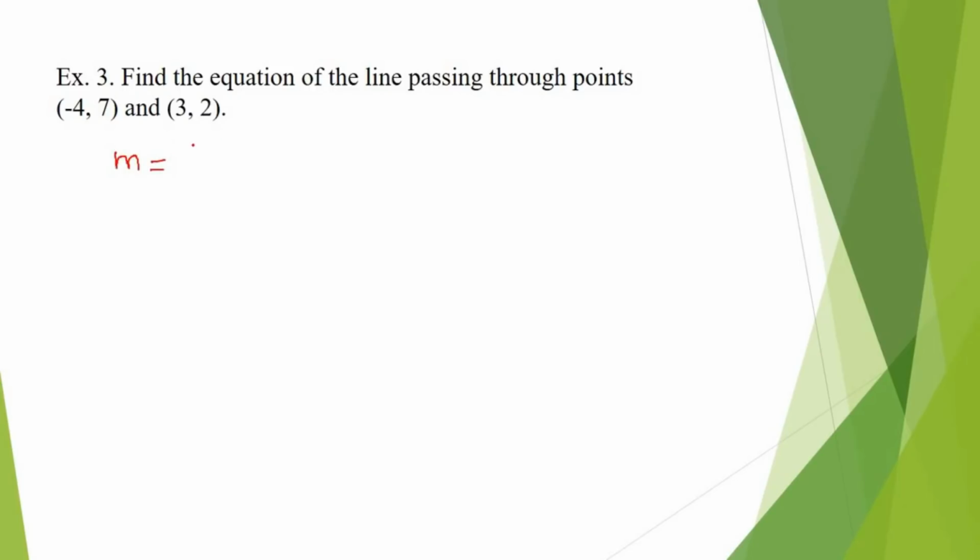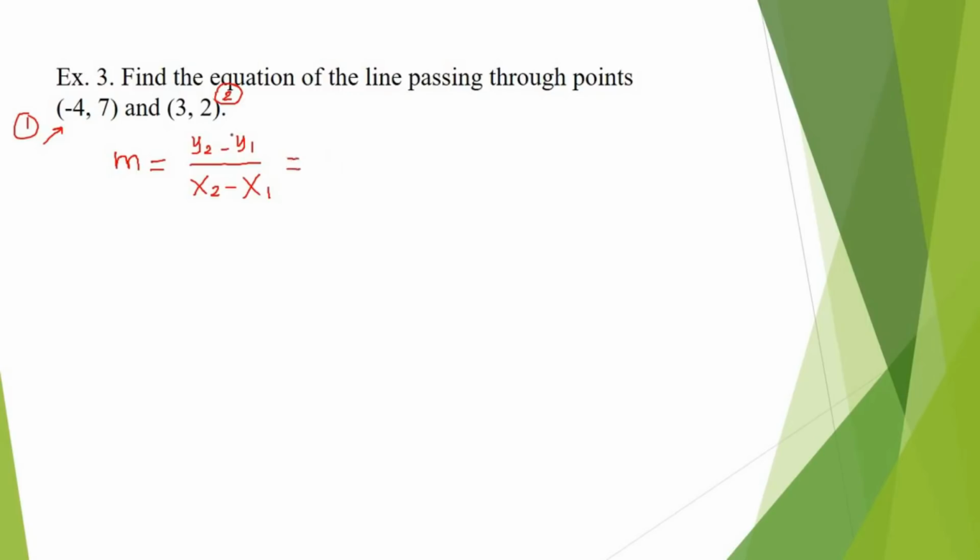Our slope is simply equal to y2 minus y1 over x sub 2 minus x sub 1. Now this could be our point 1 and this could be our point 2.